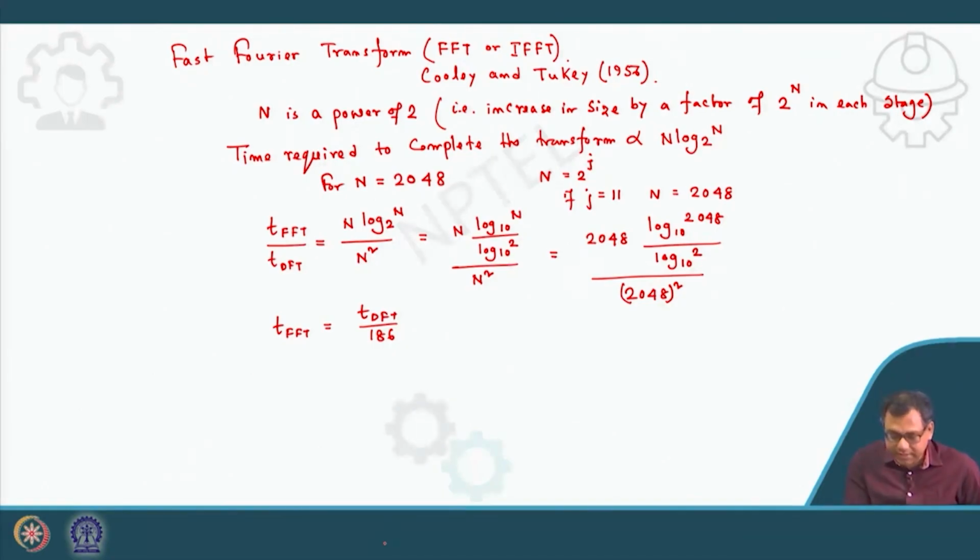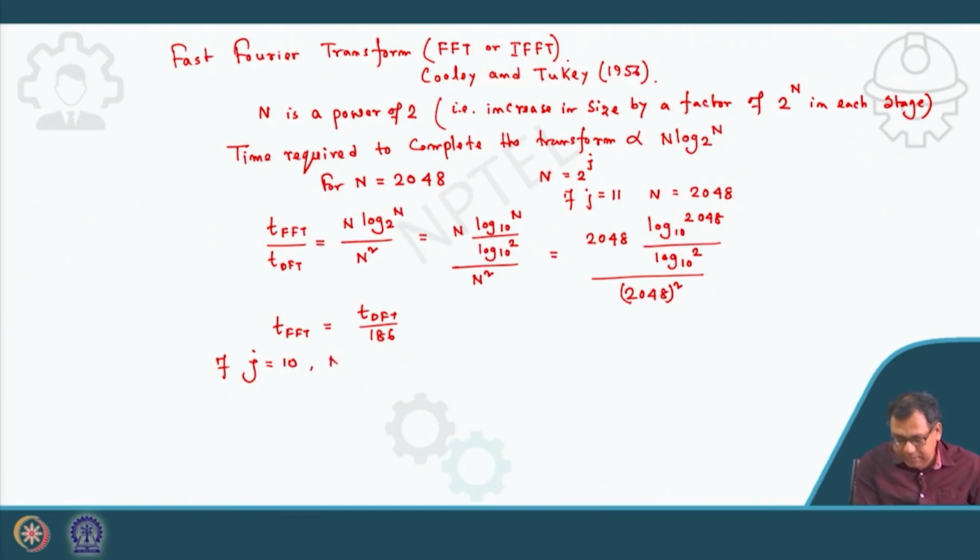I mean, this is 186 times faster than the discrete Fourier transform.